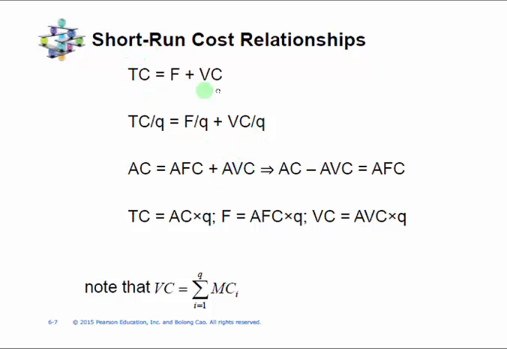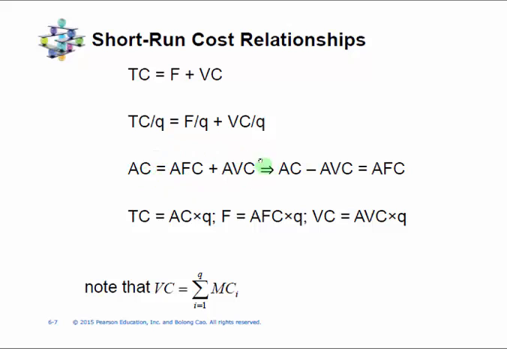So the simple fact from total cost equal to fixed cost plus variable cost gives us average cost equal to average fixed cost plus average variable cost. I hope this is simple enough to memorize.